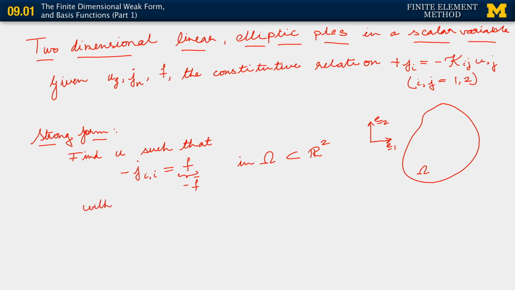Okay, so this is our PDE with boundary conditions: u equals u_g on what we understand to be the Dirichlet boundary.